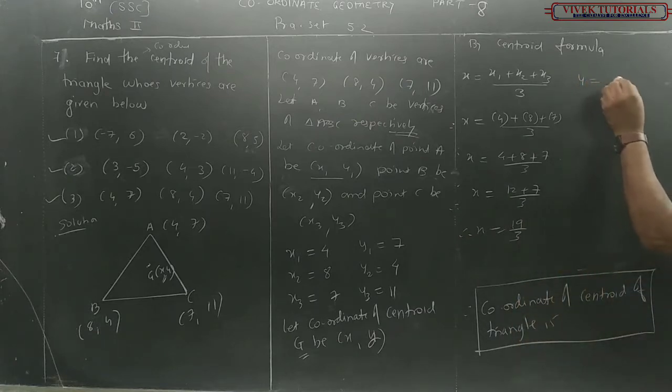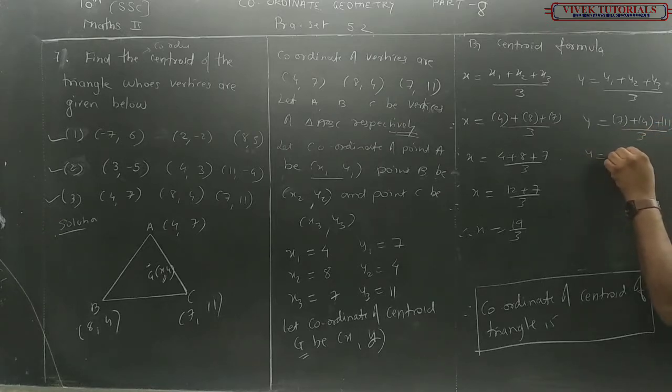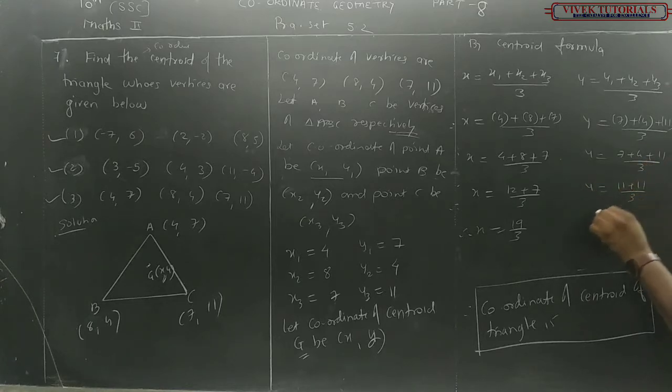And y is equal to y1 plus y2 plus y3 upon 3. So y is equal to y1 is 7 plus 4 plus 11 upon 3. y is equal to 11 plus 11 upon 3. y is equal to 22 upon 3.